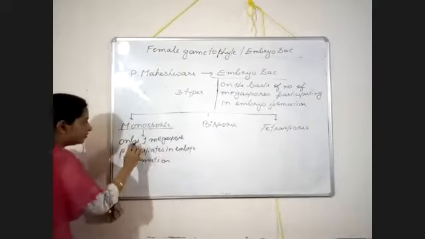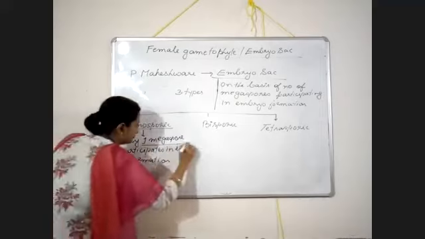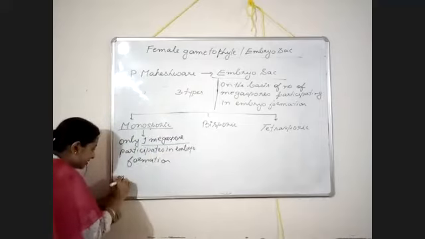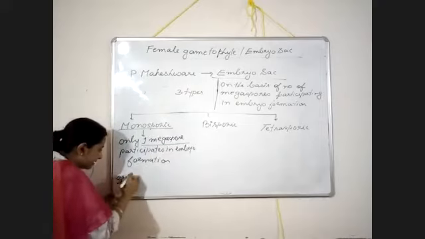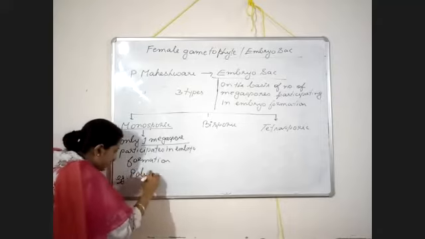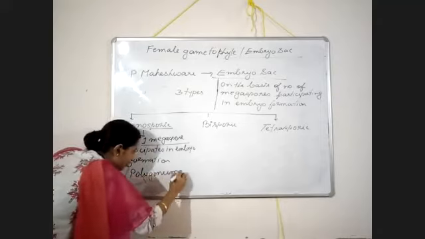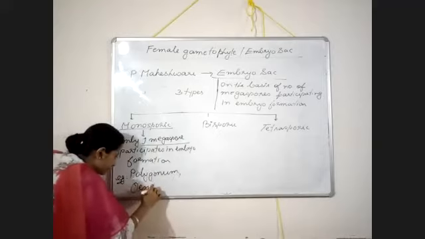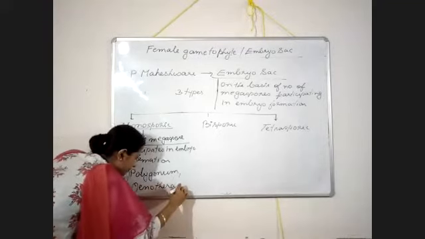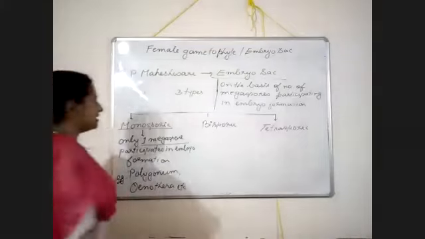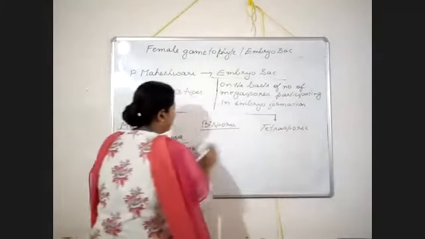I think we understand the word mono. Examples would be Polygonum, Oenothera, etc. Next, bisporic embryo sacs.